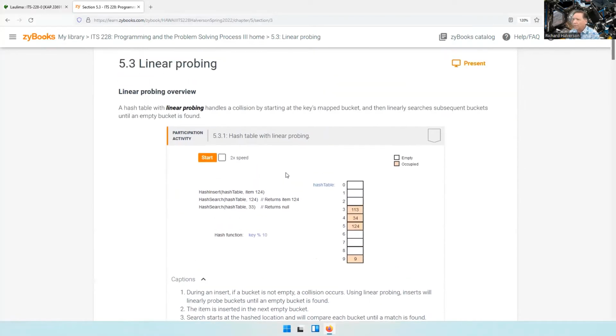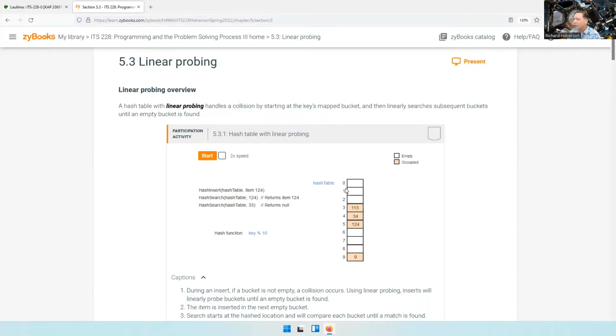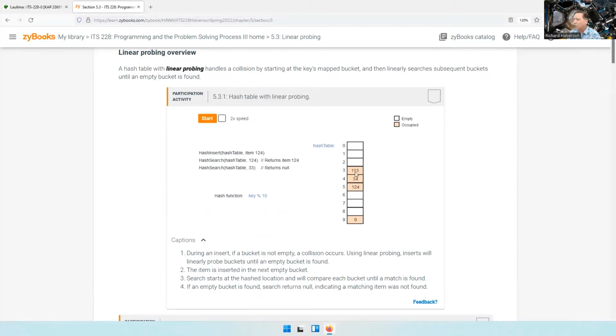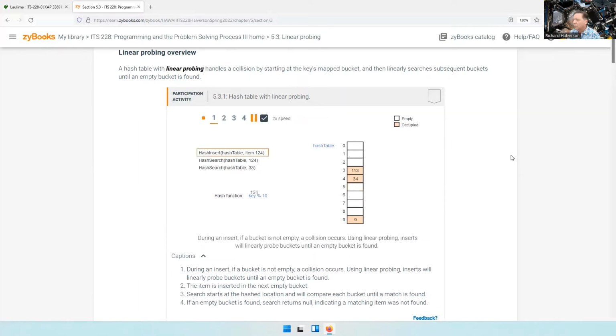All right, so here's linear probing, which handles the collision by starting with the key's mapped bucket and then linearly searching subsequent buckets until an empty one is found. Let's see what this looks like. We're going to start with 124, and that goes there, and there's a collision.